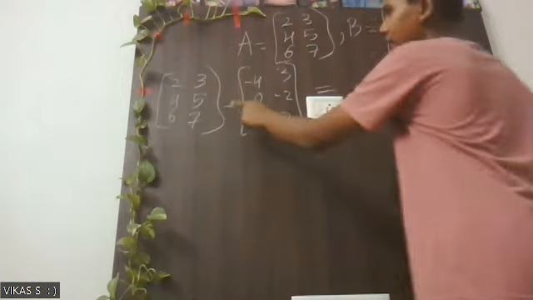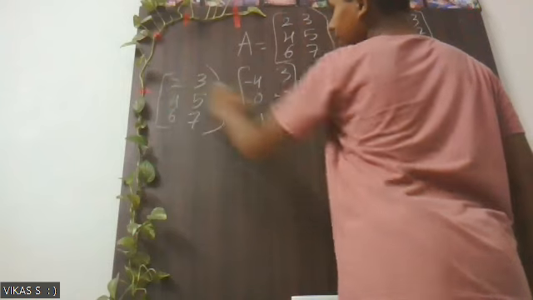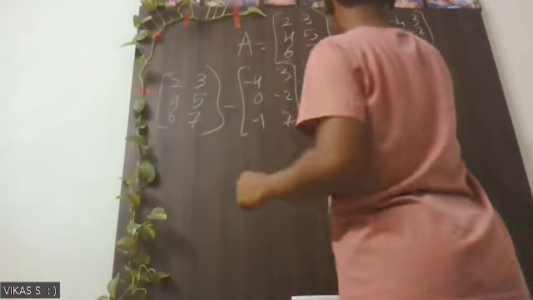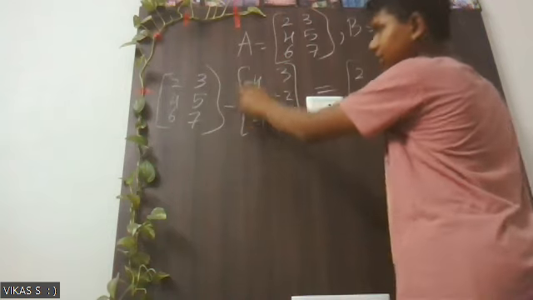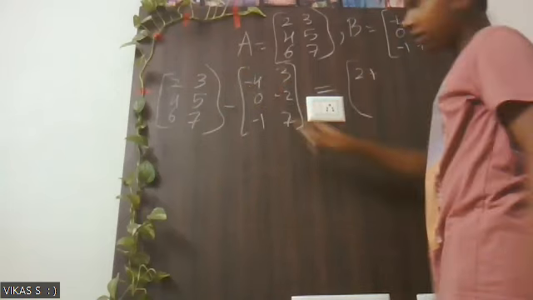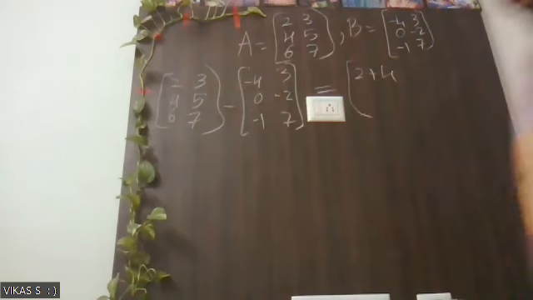So 2 minus into minus, minus into minus gives us plus, so plus 4 as it is.